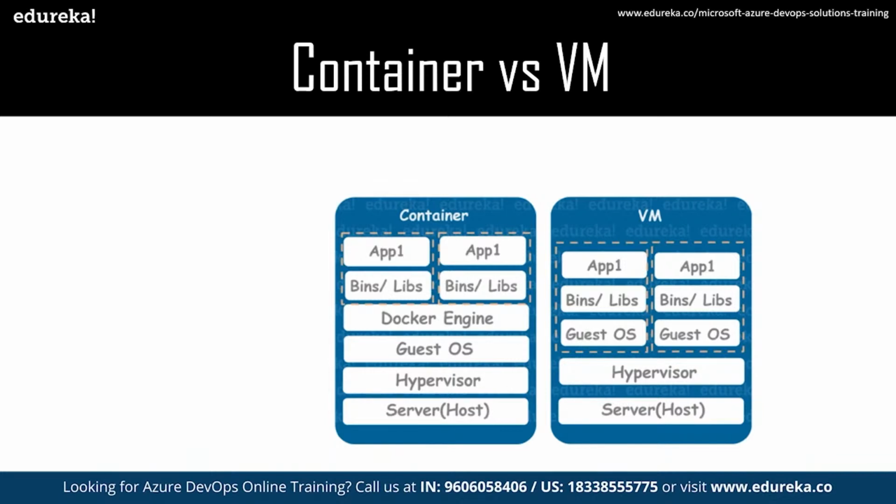Now, what is the disadvantage here? Each time you have a virtual machine that is operating, we need to ensure that there's a guest OS there. So there's a dependency on this. And what this does is, it makes it difficult for you to break this virtual machine from the existing infrastructure or architecture and make it run somewhere else.